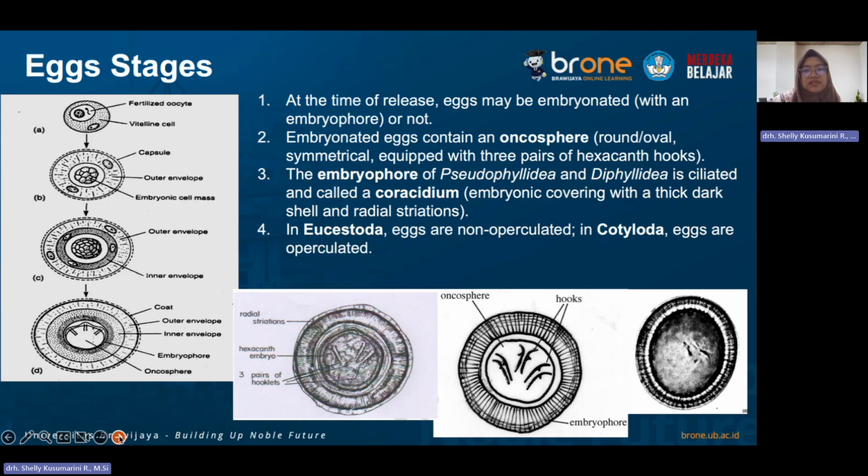At the time of release, eggs may be embryonated with an embryophore, and embryophores contain an oncosphere and also hooks.